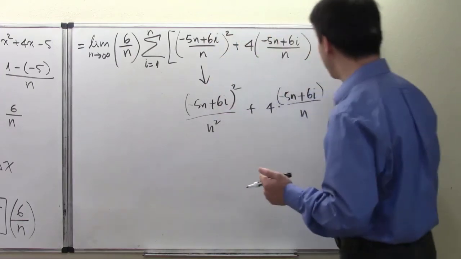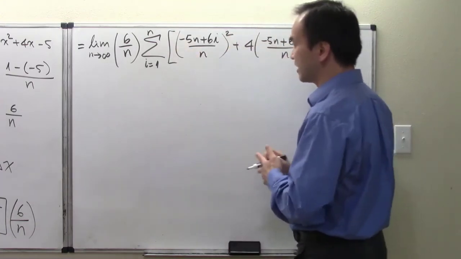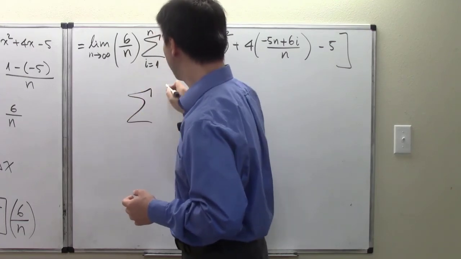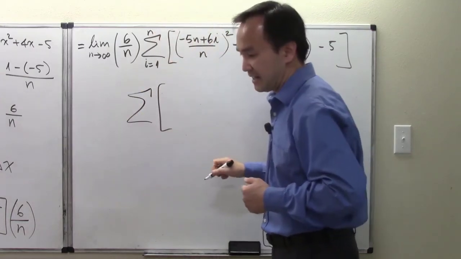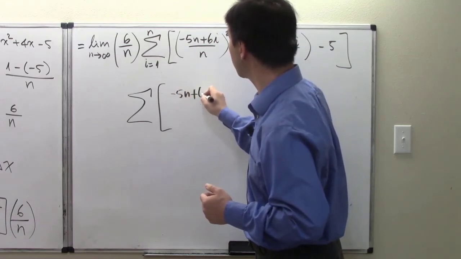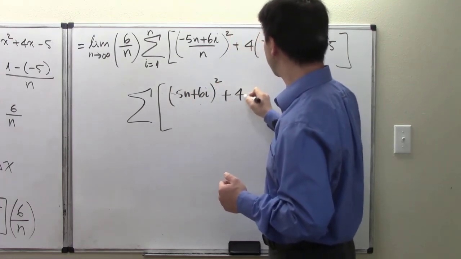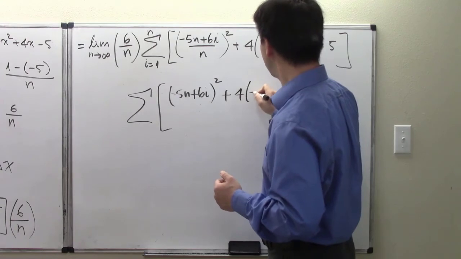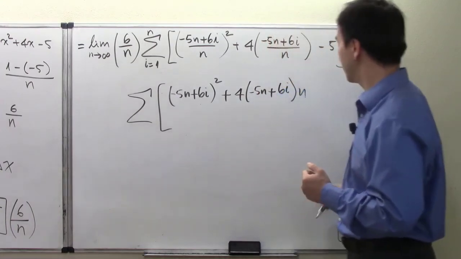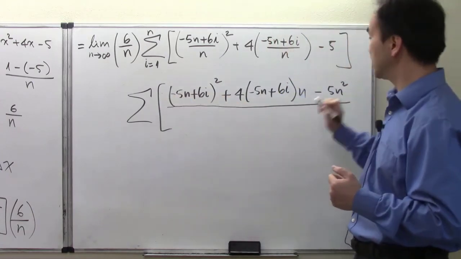All right, so for my 3 terms inside of my summation term, I can write it as the following. It's a summation, and let's open those square brackets again. I'm going to have (minus 5n plus 6i) squared, plus 4 times (minus 5n plus 6i) times n, and then minus 5n squared, all over 1 common denominator, n squared.